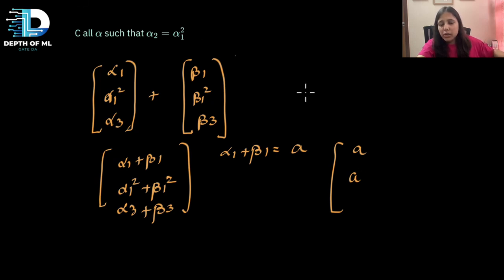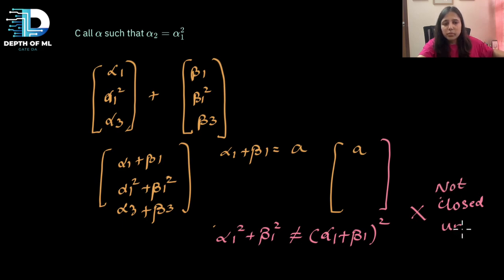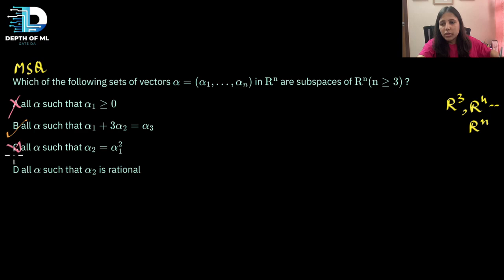But alpha 1 square plus beta 1 square is not equal to alpha 1 plus beta 1 whole square. Therefore this is not closed under vector addition. Hence this is not a valid subspace.